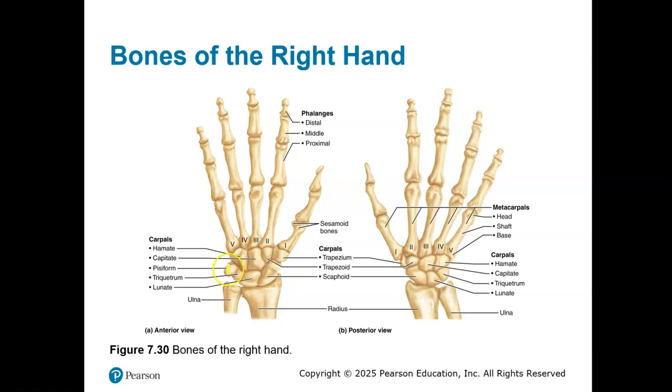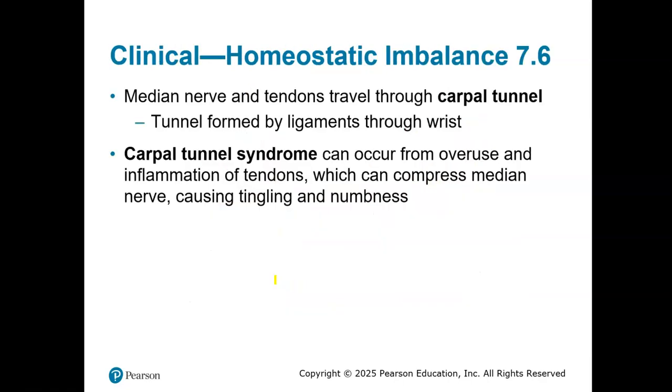You can feel that pisiform bone at the bottom of your palm, on your pinky side, kind of poking through. Then we have trapezium, trapezoid, capitate, hamate. Our sentence is, some lovers try positions that they can't handle, and that will help you remember those.